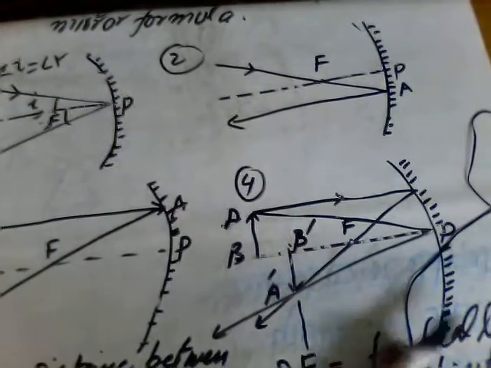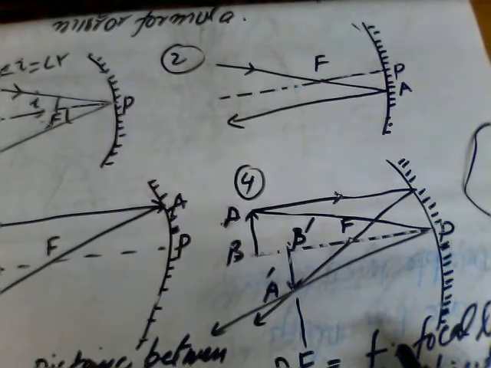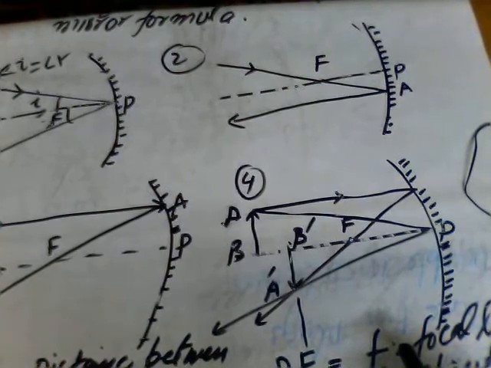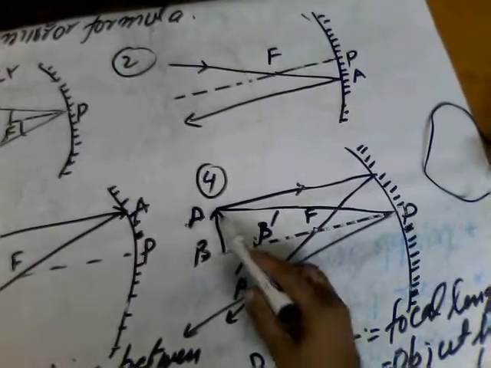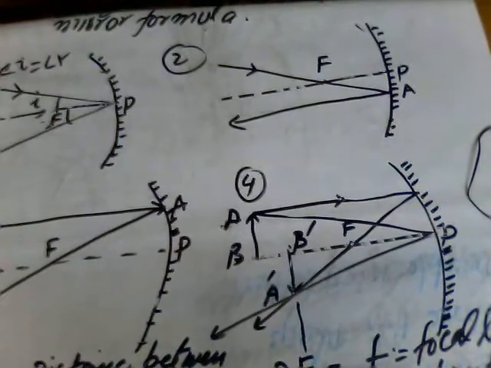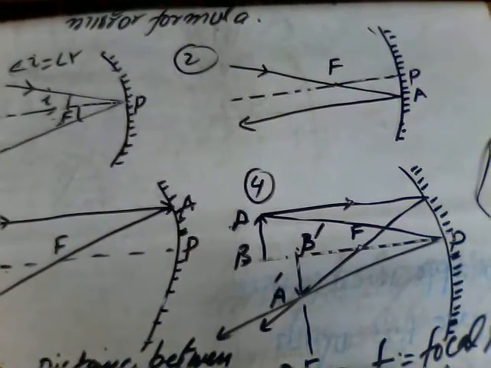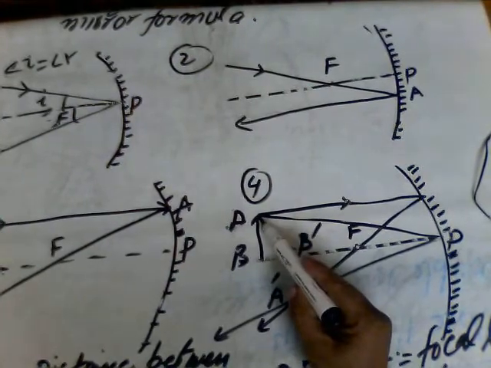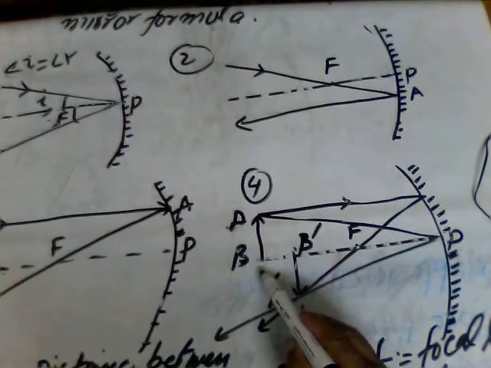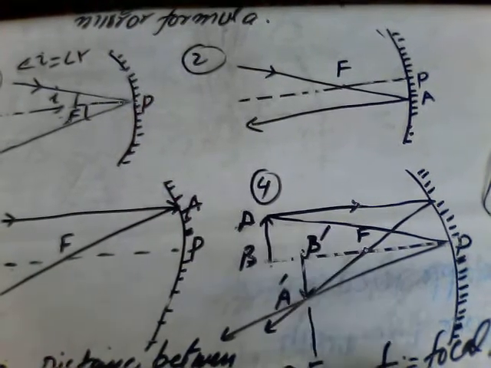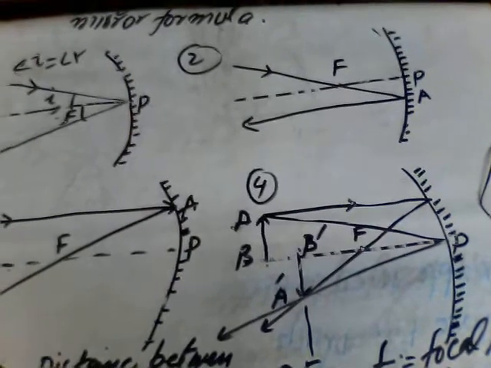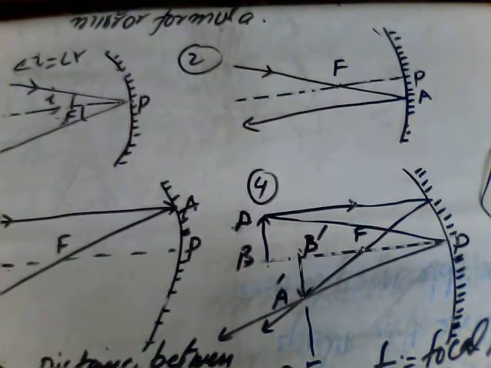In the fourth figure, we have shown two light rays. One object AB is there. This is called the top, and this one is called the bottom of the object. A luminous object gives out so many light rays.